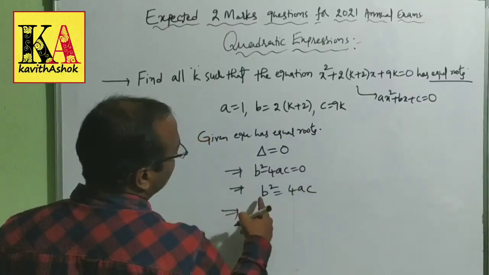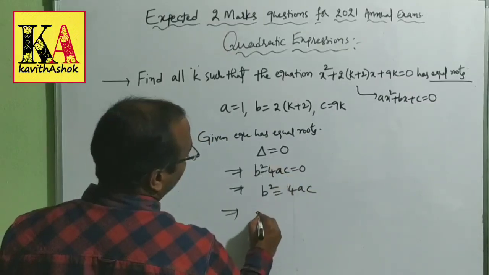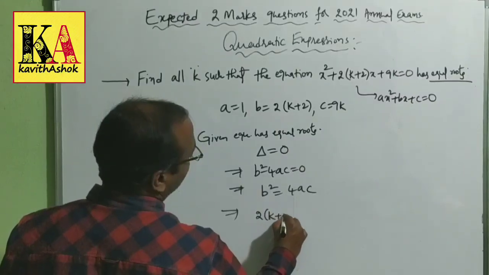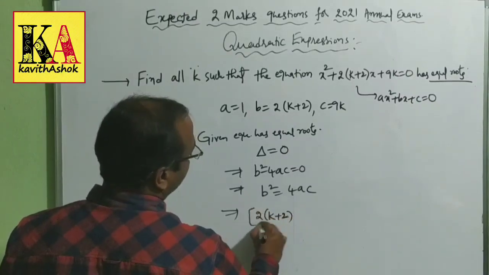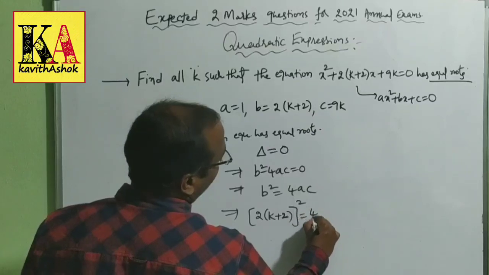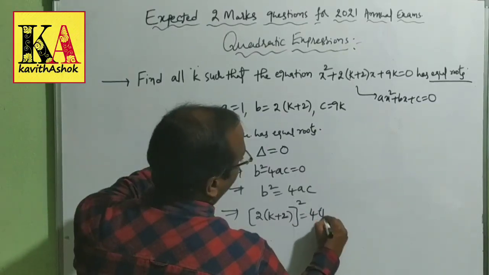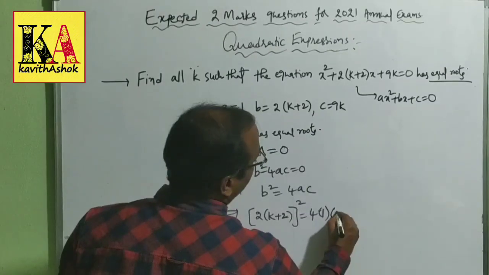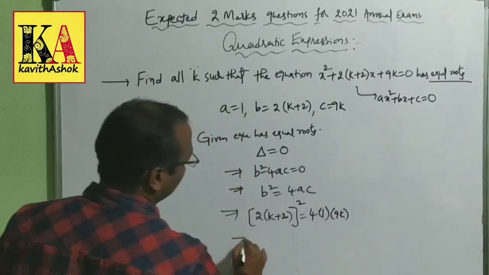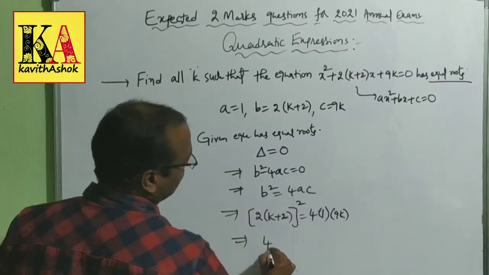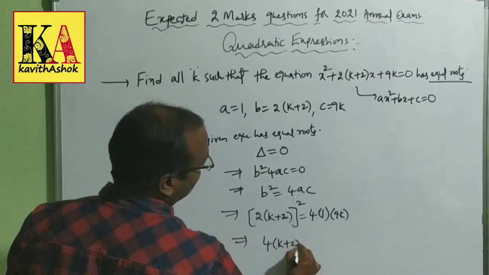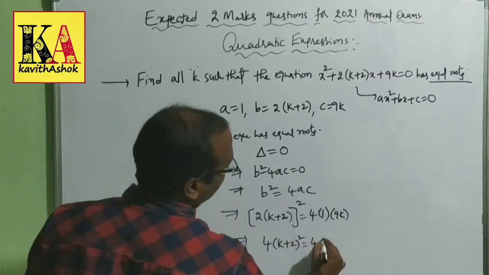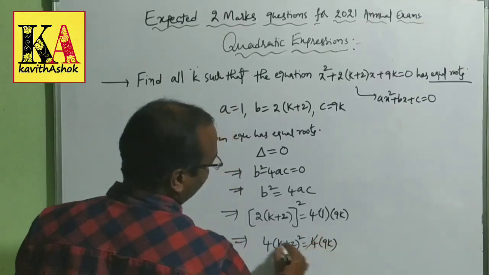This implies B square, what is B here? 2 times of (k plus 2) whole square is equal to 4 into A, in the sense 1 here, C in the sense 9k. Now 2 square, 4 into (k plus 2) whole square, that is equal to 4 into 9k. 4 gets cancelled.